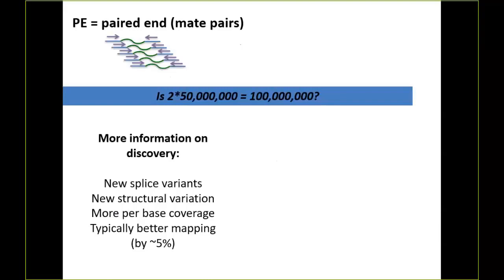If you're trying to do discovery, you typically get more information. So if you're trying to do splice variants, for example, even if I don't sequence the entire length of the fragment, if my fragments are 450 bases long or whatever, if I see that paired end 1 was sequencing exon 1 and paired end 2 was sequencing exon 37, there's probably a good chance that I skip some exons in the middle there, unless I'm talking about some really short exons here.